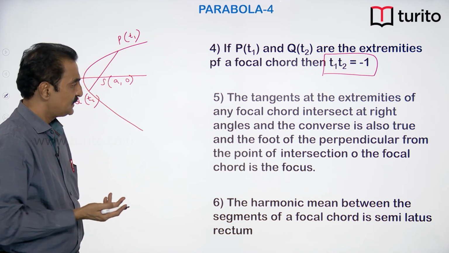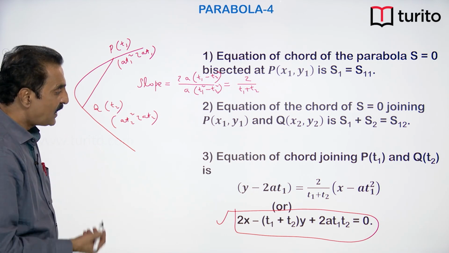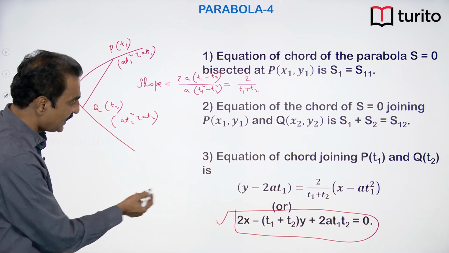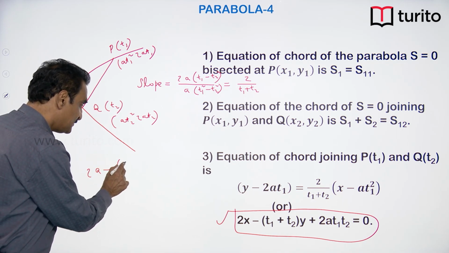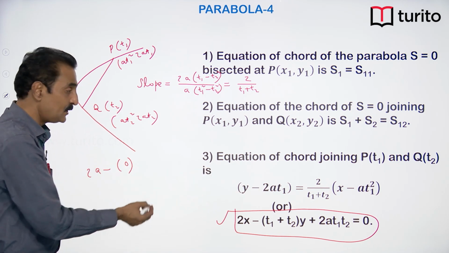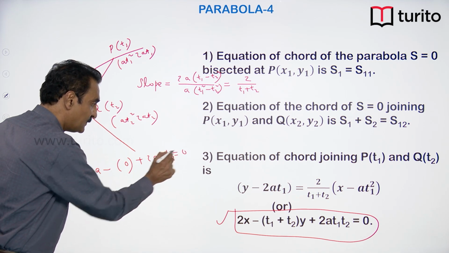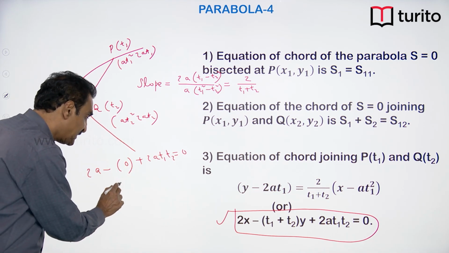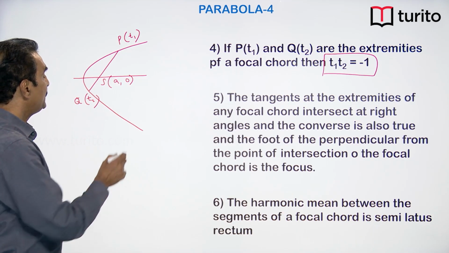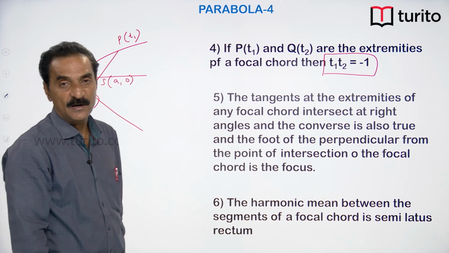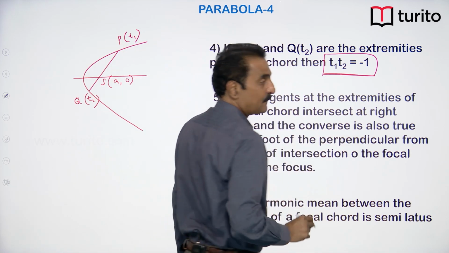Proof is very simple. See, in the previous statement, this is the equation of the chord. If it passes through the focus (A, 0), substitute (A, 0): 2A minus (T1 plus T2) into 0 plus 2A T1 T2 is equal to 0. What will you get? T1 T2 is equal to minus 1. So, if P of T1 and Q of T2 are extremities of a focal chord, the condition is T1 T2 is equal to minus 1.